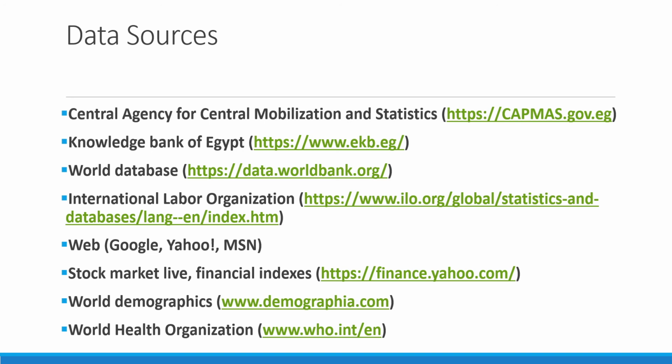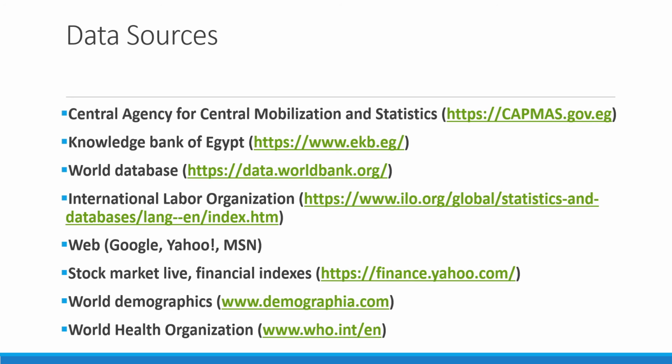We also have different web and database portals like Google, Yahoo, and MSN. For financial indexes and stock market data, we can use finance.yahoo.com. For world demographics, all data related to demographics worldwide, we have demographia.com.